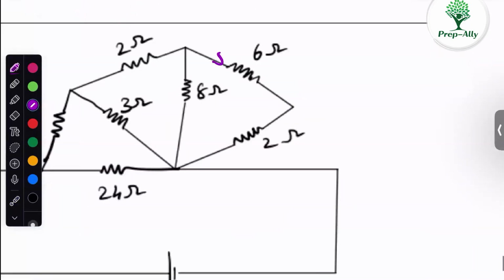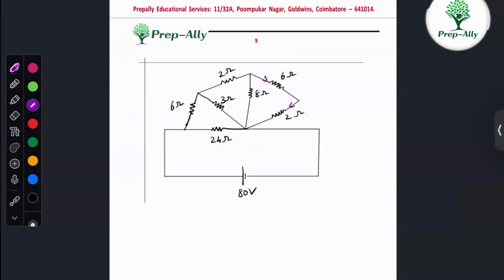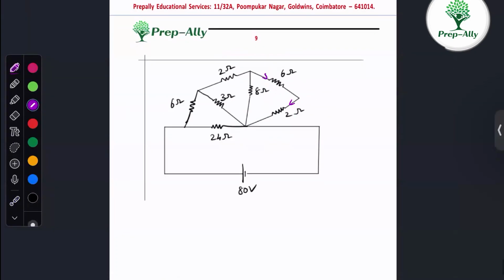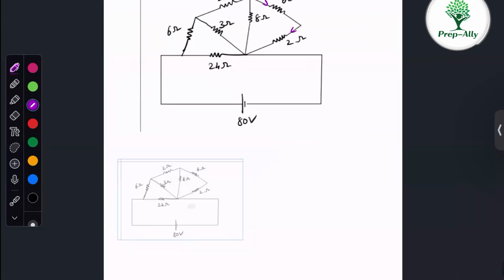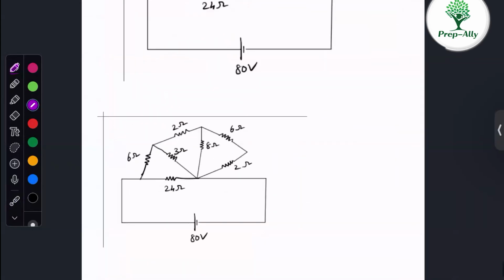Whatever current goes here, the same current will go here. So the 6 and 2 are in series. So we can replace that with both put together. 6 and 2 in series will be 8 ohms. Then this 8 ohm and the other 8 ohm are in parallel.